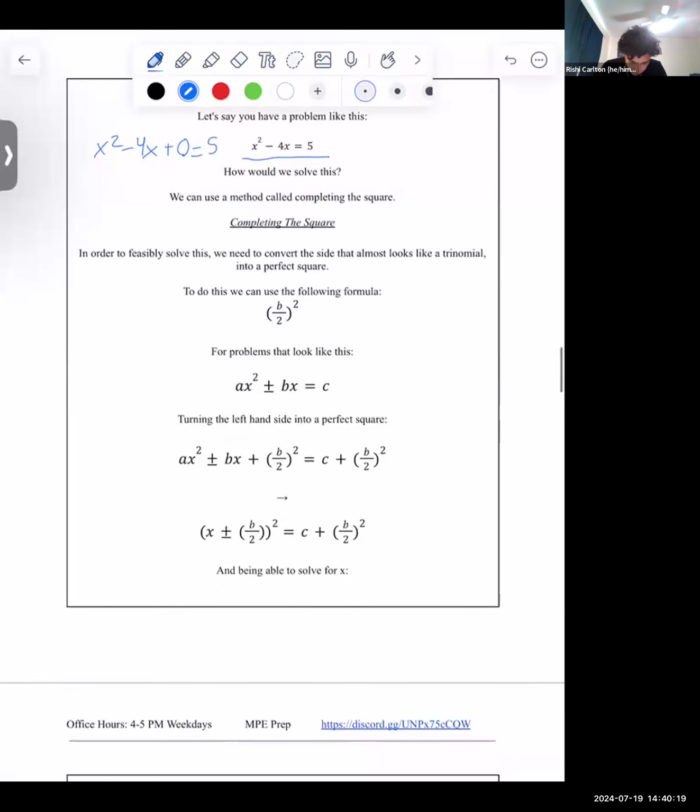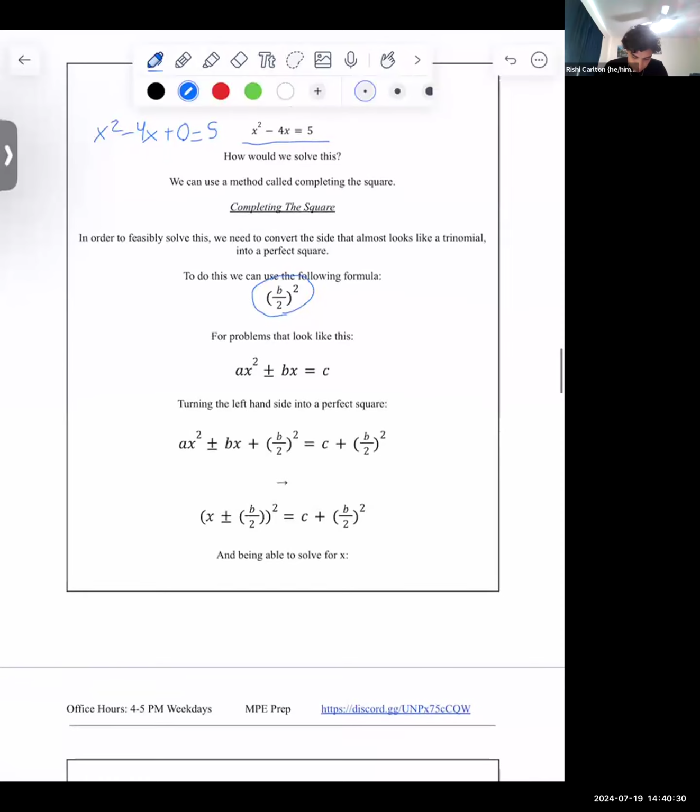In order to do this, what we need to do is create a perfect square by using this formula. So for problems like this, anytime you have an x squared plus or minus some number times x, in this case we have 1x squared minus 4x equals 5, we can use this formula, which will turn the entire left side into a square.